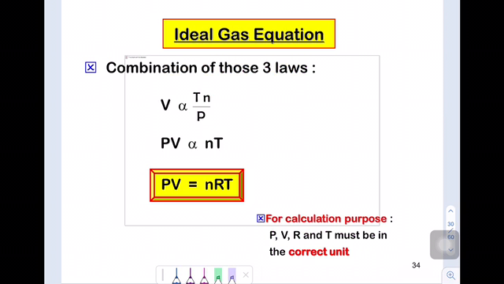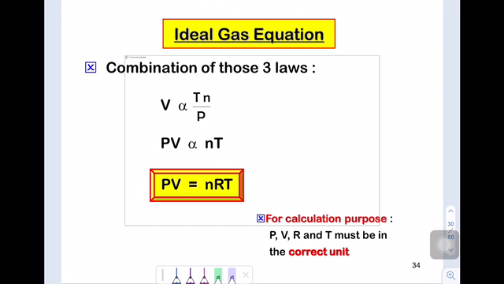If we combine these three, we will get V directly proportional to Tn over P. And if we rearrange this equation, and we move P to the other side, we will get PV is directly proportional to nT. P is the pressure, V is volume, n is the amount, and T is temperature.